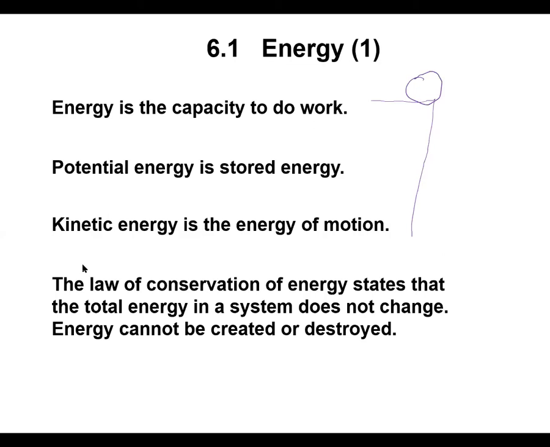A lot of the idea of energy, especially in chemistry, is the law of conservation of energy. It states that the total amount of energy of a system doesn't change. You cannot create or destroy energy, but you can transfer energy from one form to the next, as in the example with the giant rock. As that rock starts to fall, it goes from potential energy to kinetic energy.